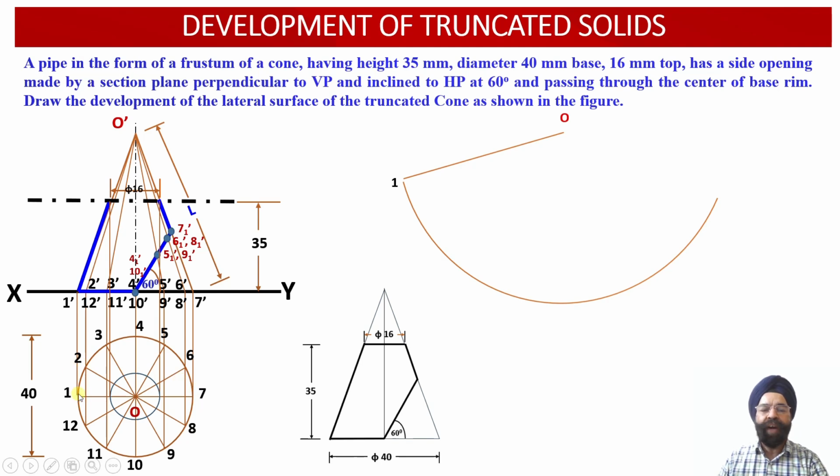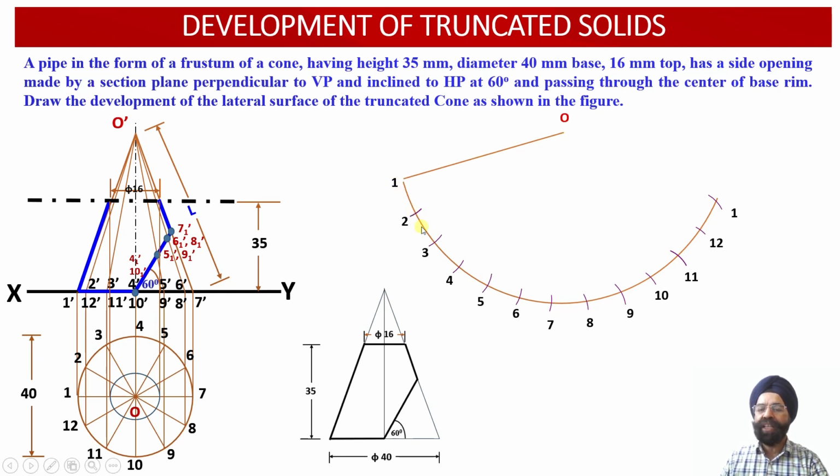Once we measure this sector length, the 1 to 2 distance, we are going to mark 12 such arcs along the arc which we had drawn, corresponding to the true length of the slant generator, which was O1' or O7'.